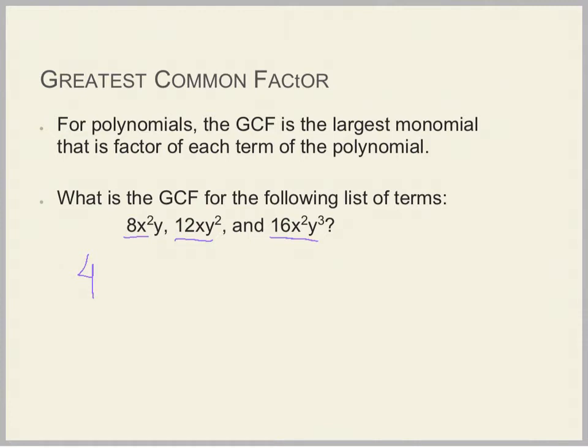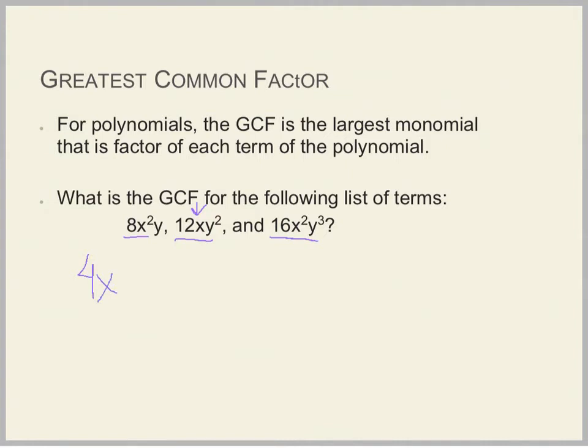I now have an x squared, an x, and an x squared. Well, I'm looking for the largest monomial that goes into each of the terms. I can't take an x squared out of each of these because in our second term, I have only one x. So x squared does not multiply into that. Therefore, the GCF is just x.